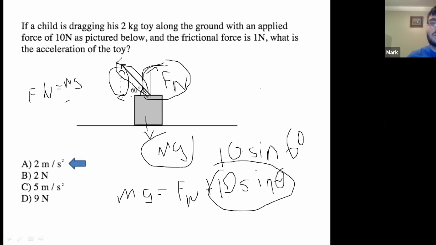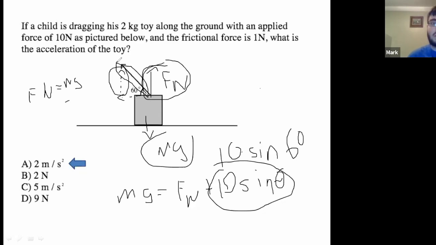Does that make sense? And if you want to think about it this way, when you're dragging something, especially at an angle, and you're lifting it a little bit up, the ground isn't using as much effort. The ground isn't applying enough of a force to cancel out gravity because you're taking some of that burden onto yourself in order to drag it, in order to move it, right?